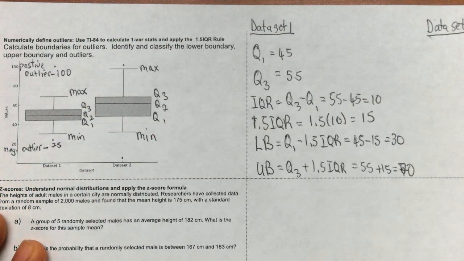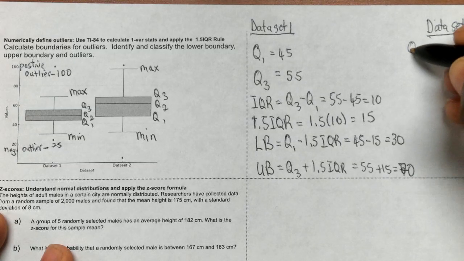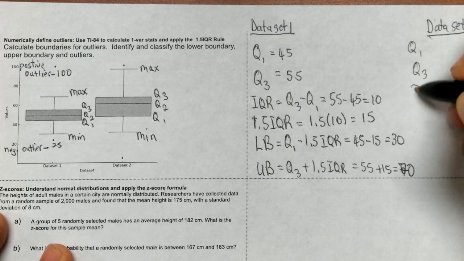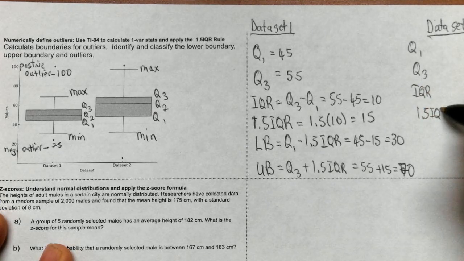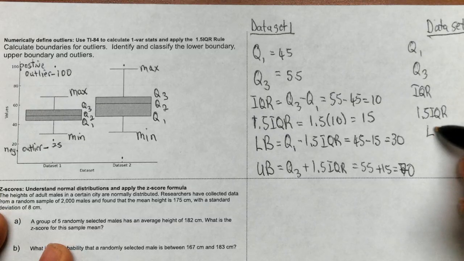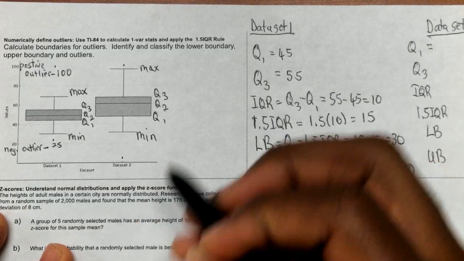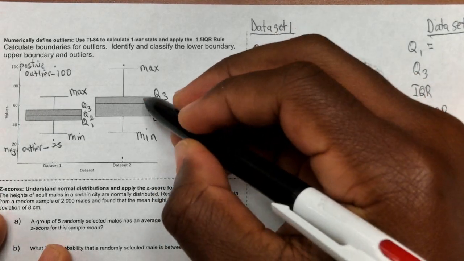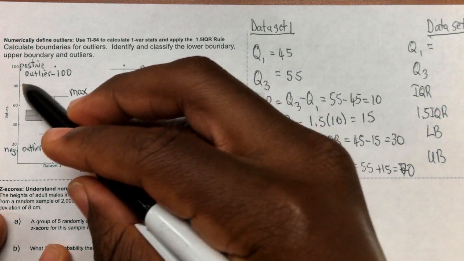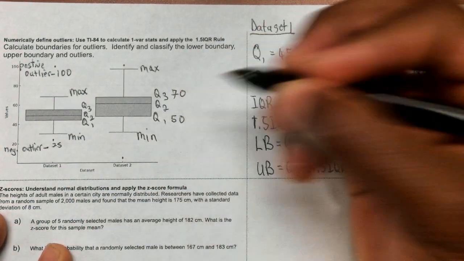Okay? So now let's do data set 2. Okay? So again, we need to identify our quartile 1, quartile 3, IQR, 1.5 times IQR, our lower bound and our upper bound, okay? So when I try to identify the quartile 1 it looks like it's at 50, and the quartile 3 looks like it's in between 60 and 80, so about 70, okay?